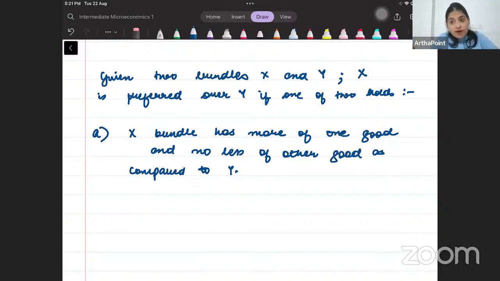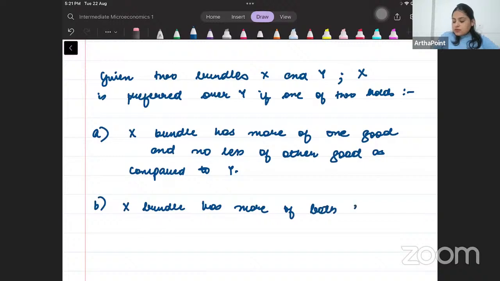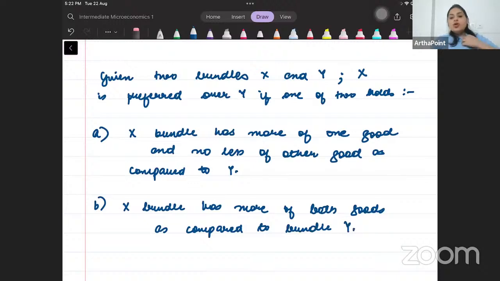So x has more of one good and it should not have less of the other good as compared to y, or x bundle has more of both goods as compared to bundle y. So if one of these things is happening, then we can say that x will be preferred to y. And beta, what is the sign of preference? This. So x will be preferred to y if any of these two things happen.